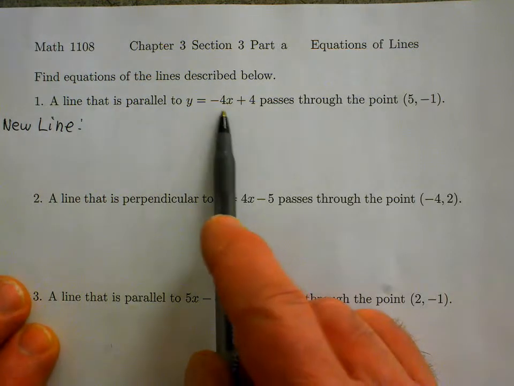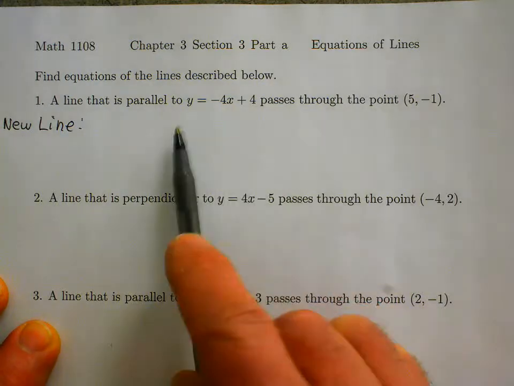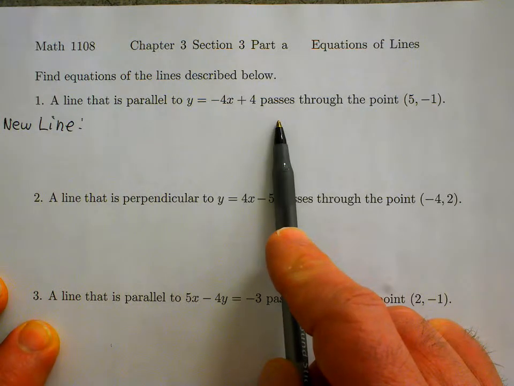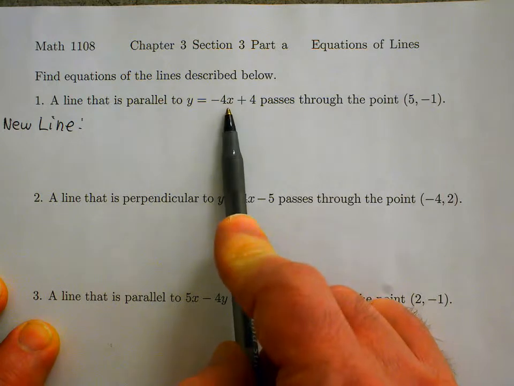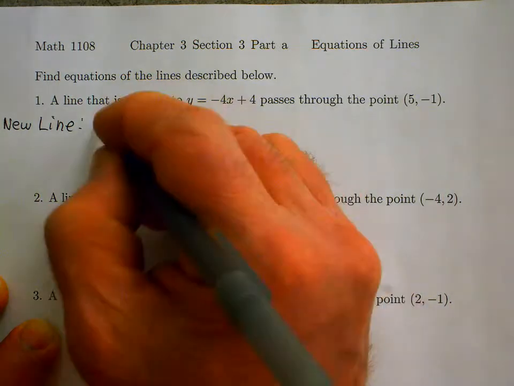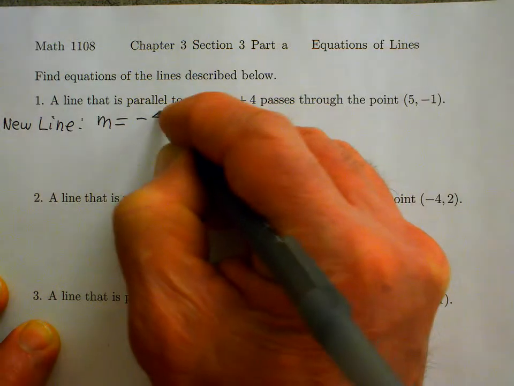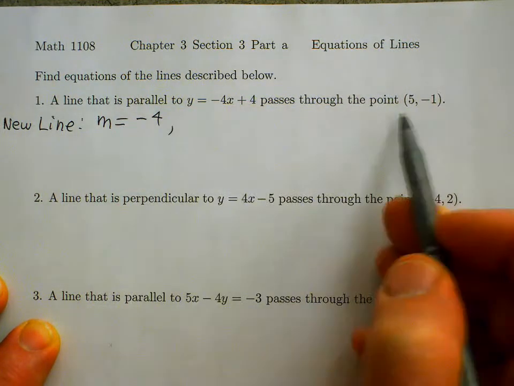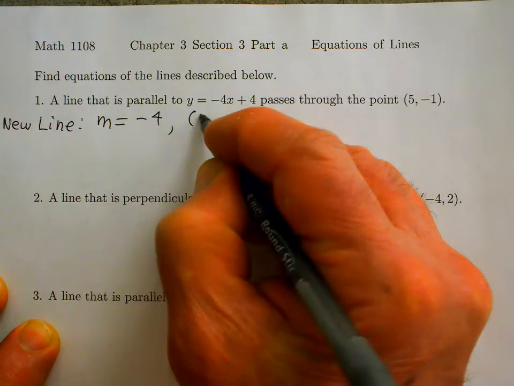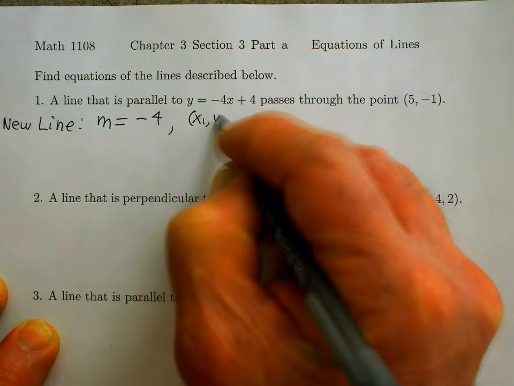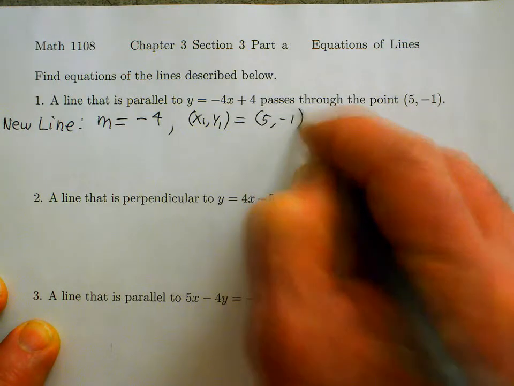Yeah, negative 4. The slope of the given line is negative 4. This is in slope-intercept form, y equals mx plus b. And any line that's parallel to it has the same slope. So the new line has slope m equals negative 4, and the new line has this point on it. I'll refer to it as x1, y1 equals 5, negative 1.